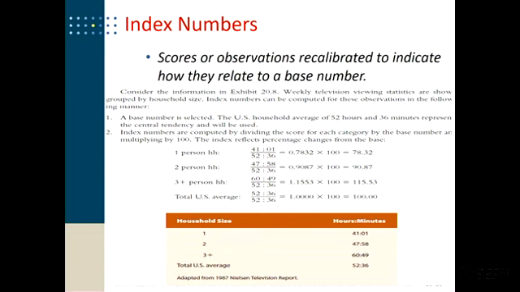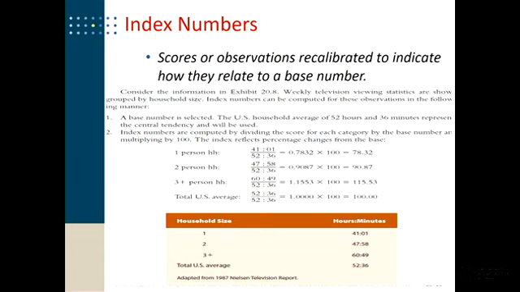We have an example here. First of all, this example has a base number, the US household average. It's an example of weekly television viewing, that is, how many hours people in the US watch television.